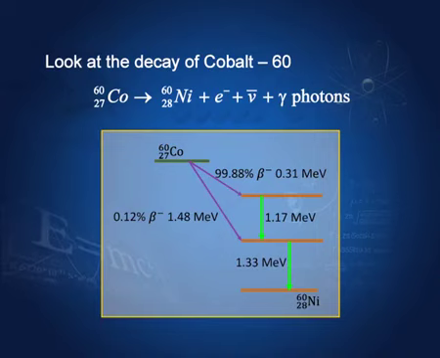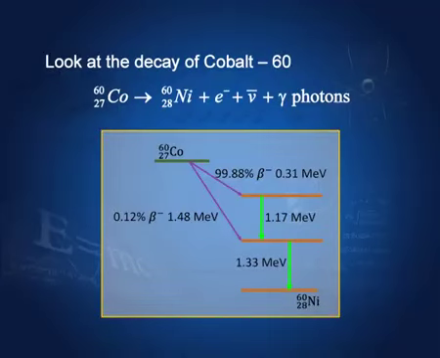Most of the cases it goes to this state, which then may emit 2 photons to come to the ground state, or in rare cases, 0.12%, it goes to this state, which comes down to the ground state by emitting the gamma of energy 1.33 MeV.